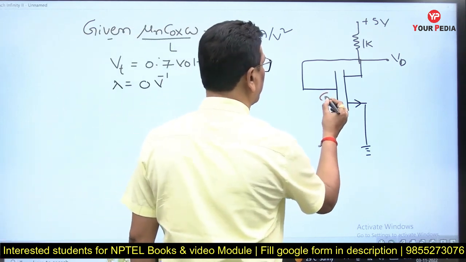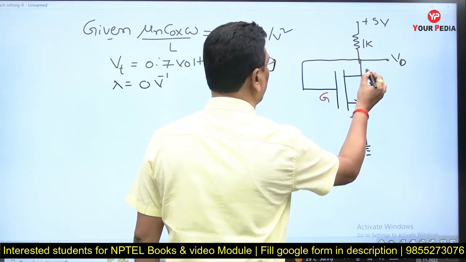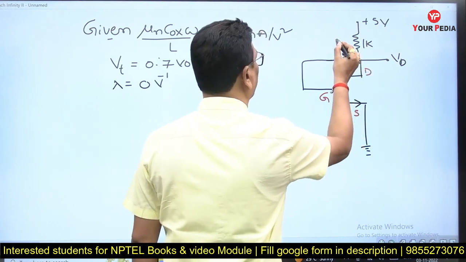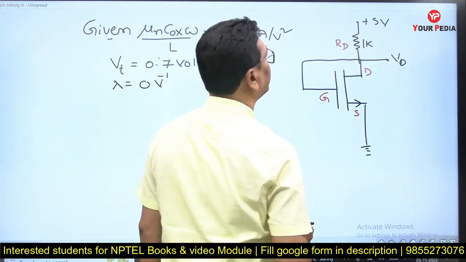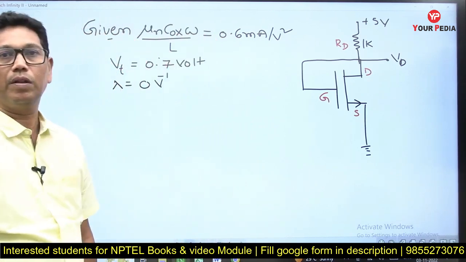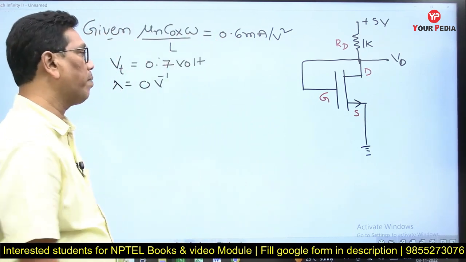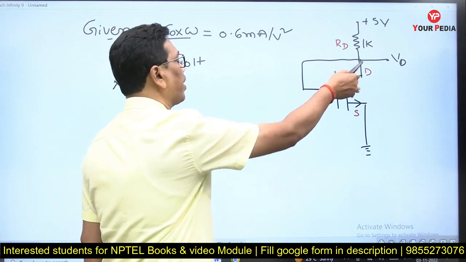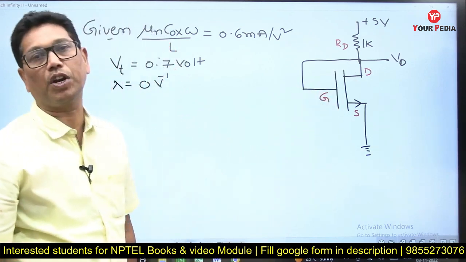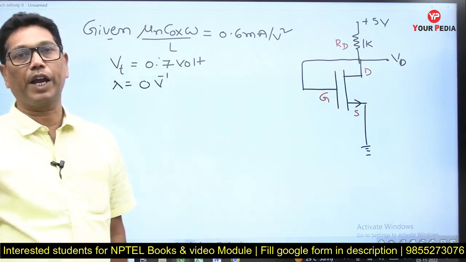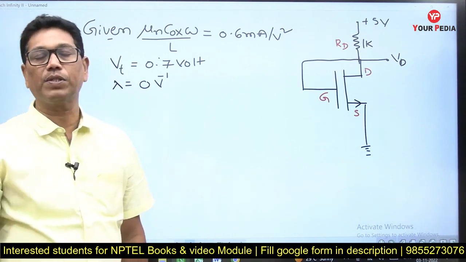You know that this is the gate, this is the source, this is the drain, and this is the drain resistance RD. It is commonly called a drain bias circuit, where gate and drain are shorted. Among the three biasing techniques I told, one is gate bias, another is drain bias, and another is voltage divider bias.